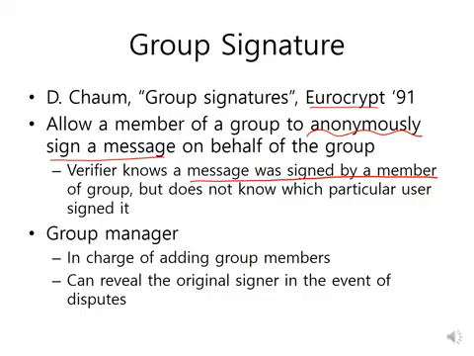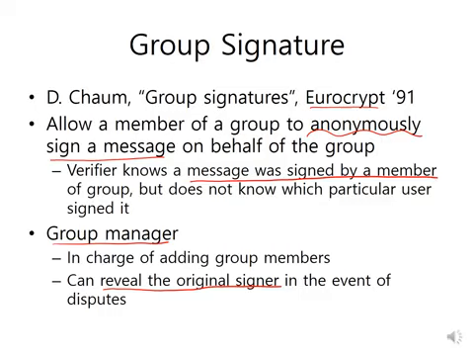But there is one condition. The group manager exists in the group signature, and is a special entity who is in charge of group member management. In this case, if the group manager wants, the group manager can reveal the original signer.